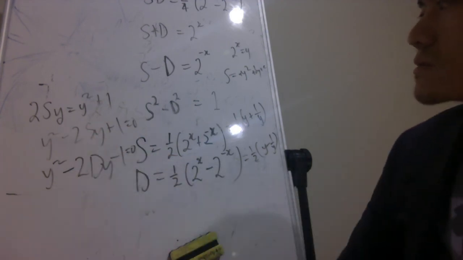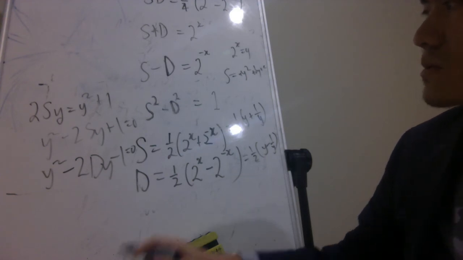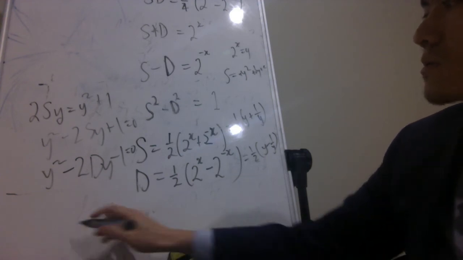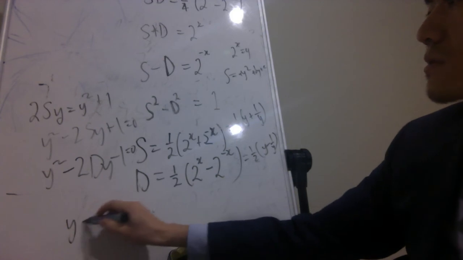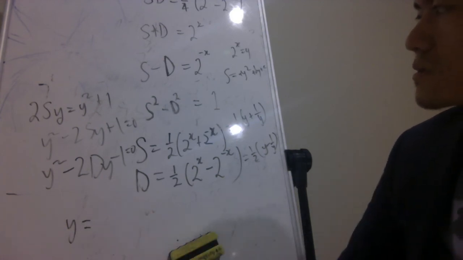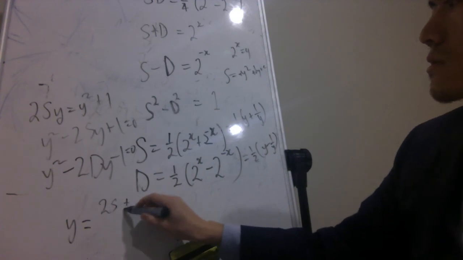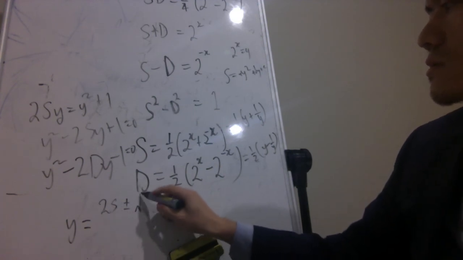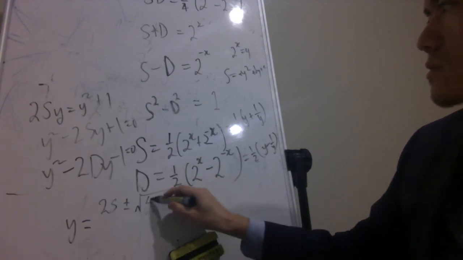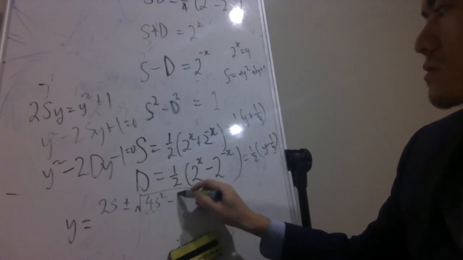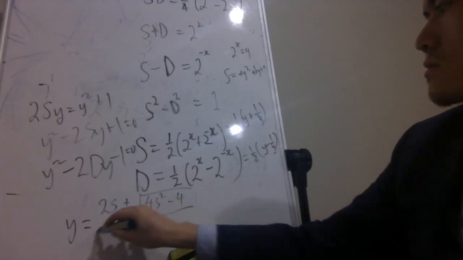Quadratic formula, I suppose. So what is it? y equals negative b, so 2s, plus or minus the square root of 4s squared minus 4, over 2.